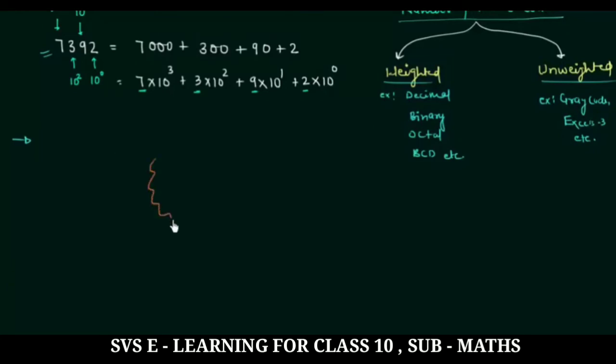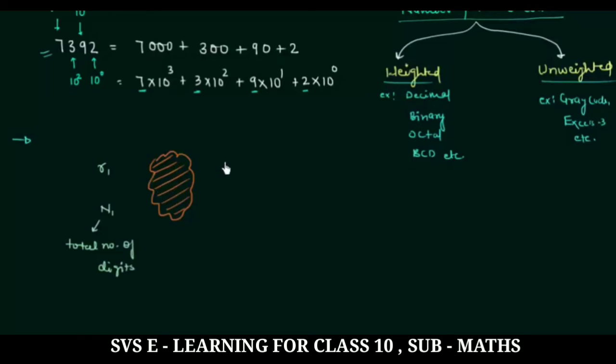Let's say there is a quantity. We are representing this quantity in a number system with base R1. R1 is the base of number system, and let's say capital N1 is the total number of digits required to represent this quantity in this number system.